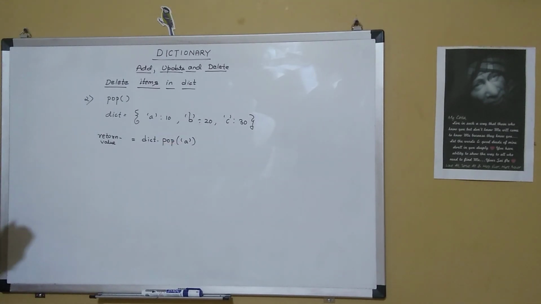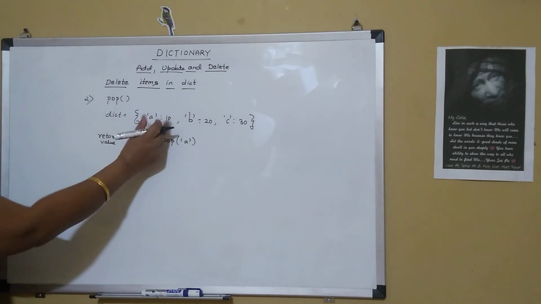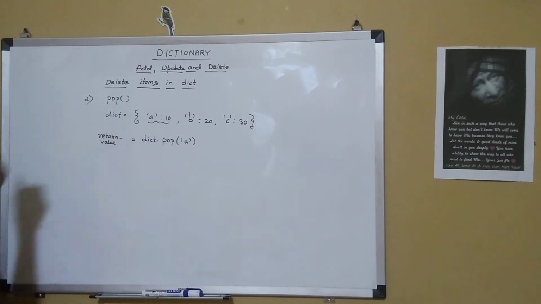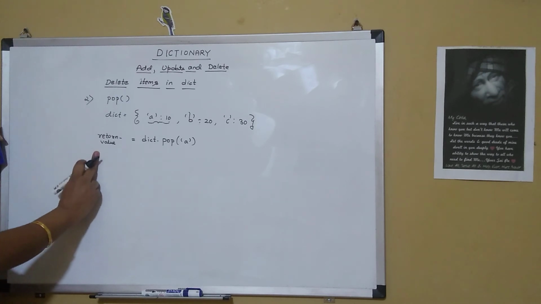So what happens in this case? Pop will pop out this particular item from the dictionary, and the popped out value is stored in the return value.